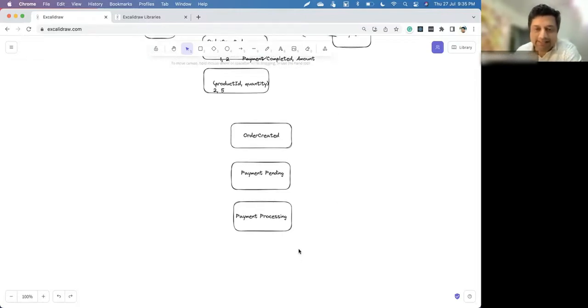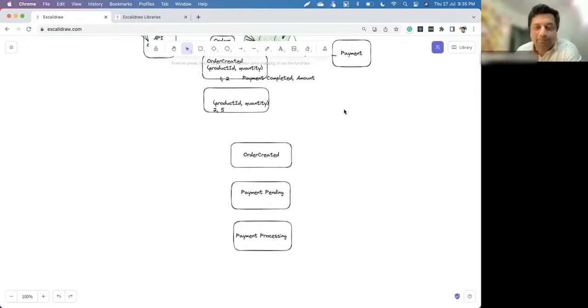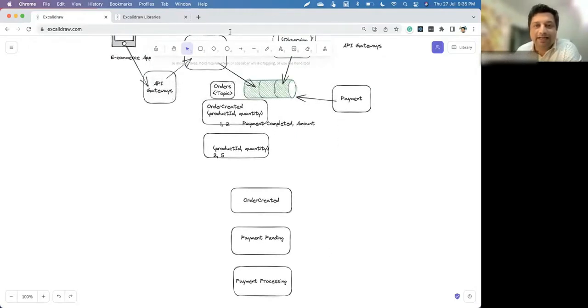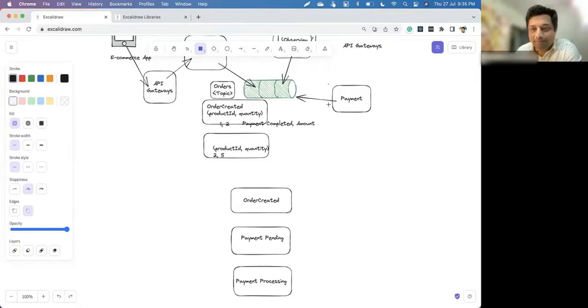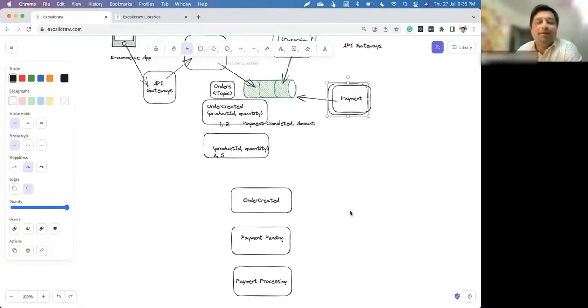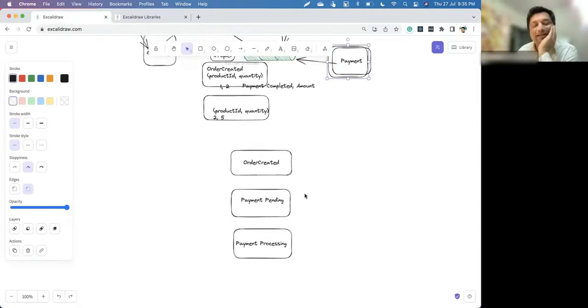This is just in case, because what can also happen is, again, there will be multiple instances of payment services, right? If it does not mark it like payment processing, it may happen the same payment can be processed multiple times. So customers' money will be deducted multiple times. So what you can do is you can have a state called payment processing.